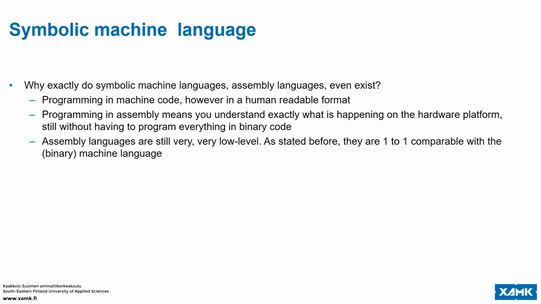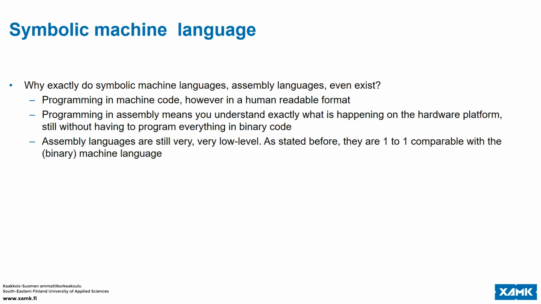And how does all of this fit in the big picture? So why exactly does the symbolic machine language even exist? Well, as said before, programming in machine code has to be done at some point when we transition from software to hardware, but we want to do this in a human-readable format, so therefore assembly language exists.